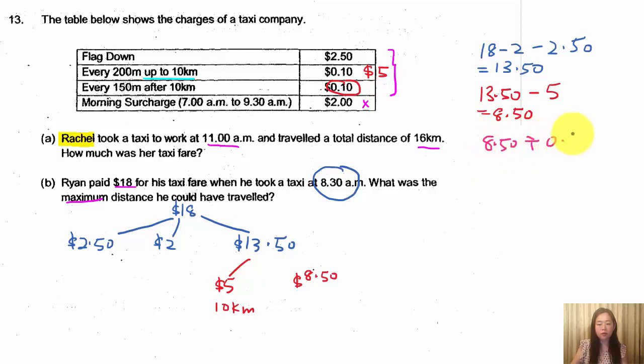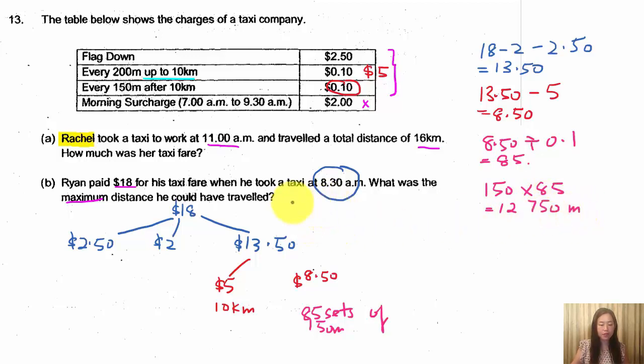divided by 0.1 is actually 85. So that means here there can be 85 sets of 150 meters. So 150 multiplied by 85 will give us 12,750 meters.